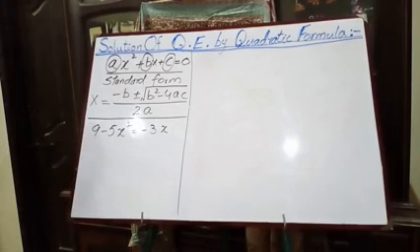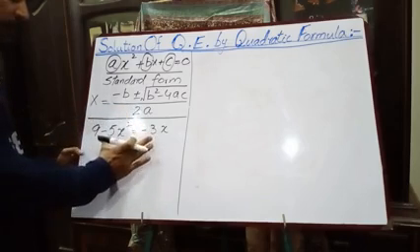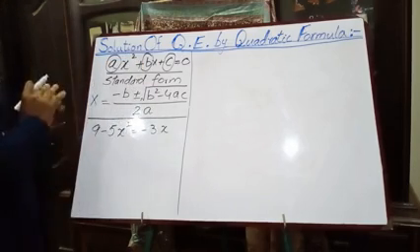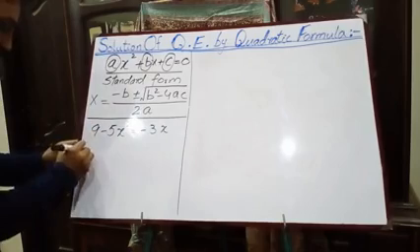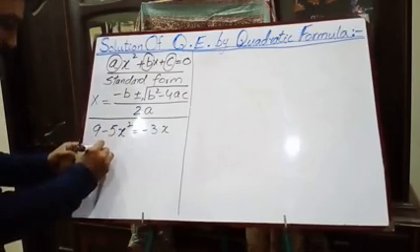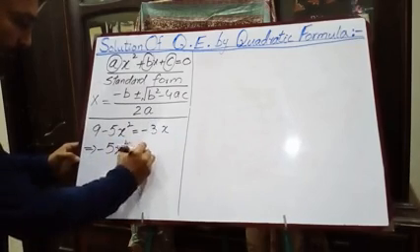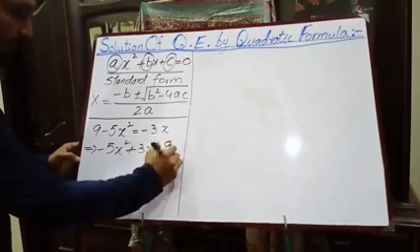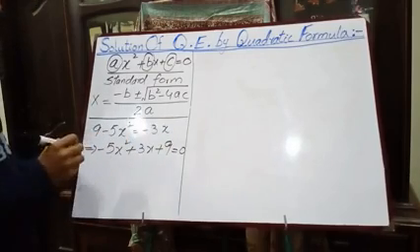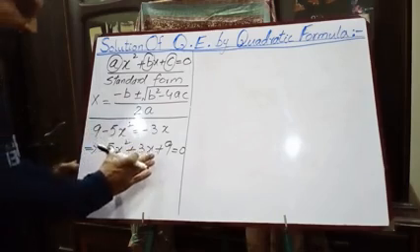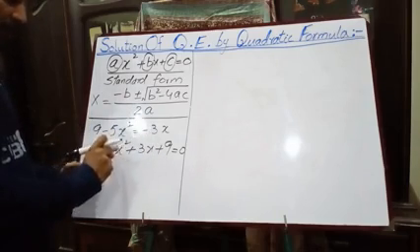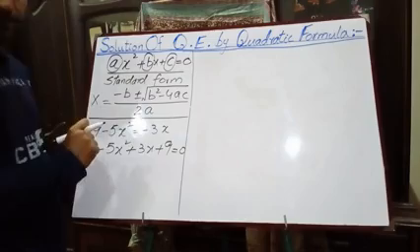First of all, we have to convert this equation into the standard form. So in this way it can be written: minus 5x square plus 3x plus 9 is equal to 0. I arranged that equation in the descending power of x.